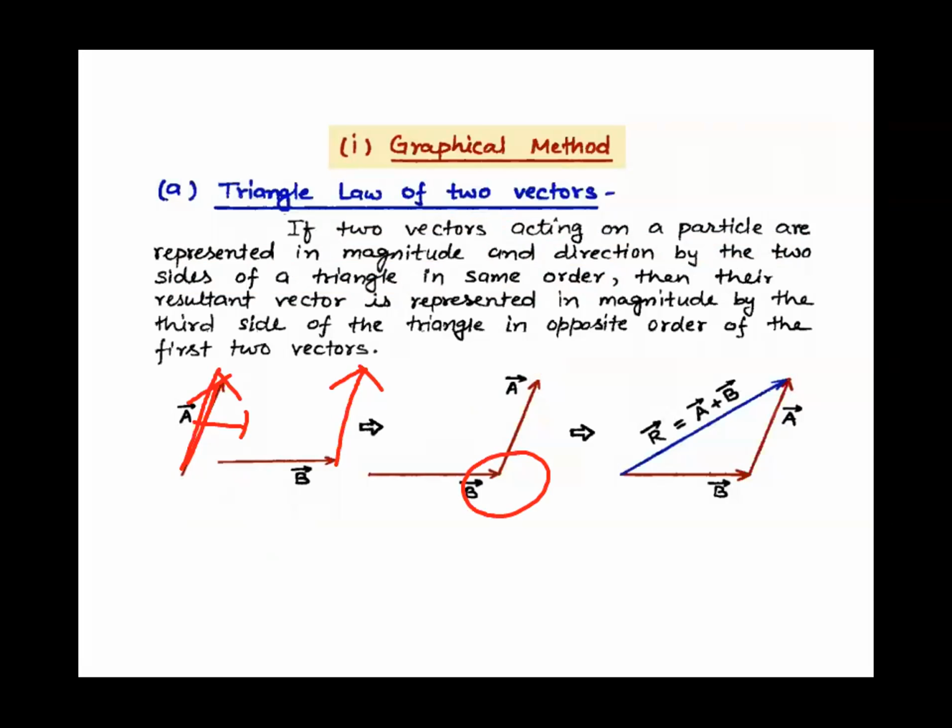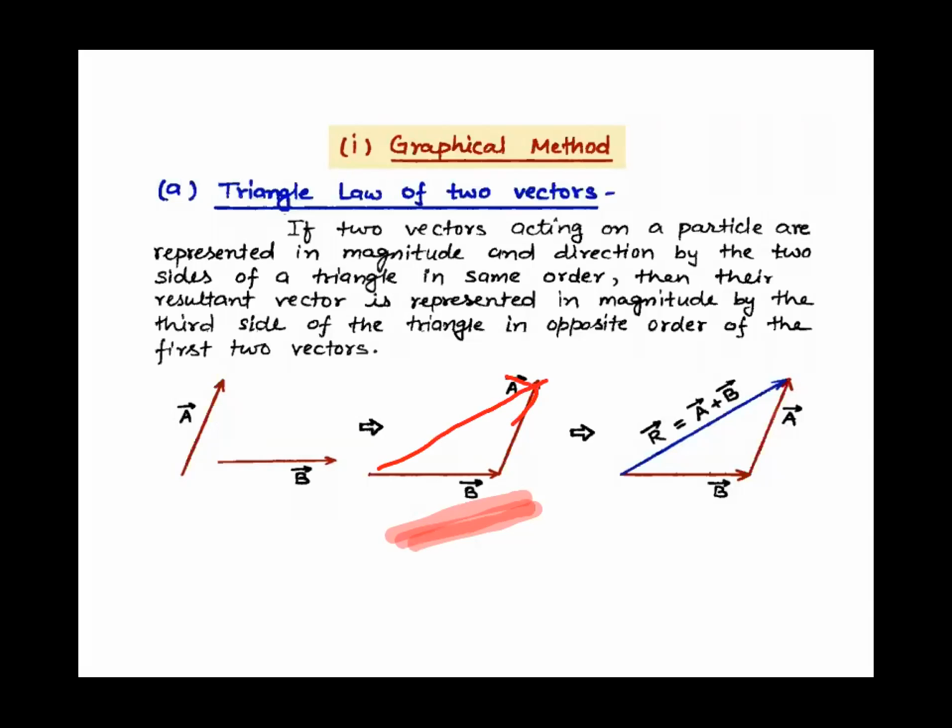Fine, this much done. Now, in this figure, children, vector A and vector B are represented in magnitude and direction by the two sides of the triangle. So the side enclosing the two sides, we will draw a line closing them.